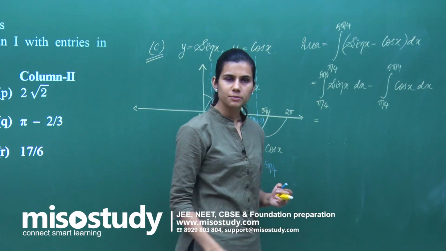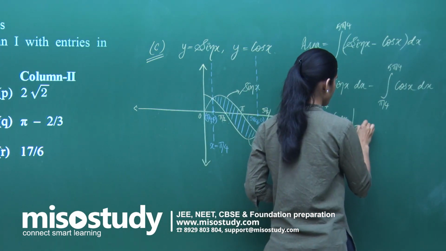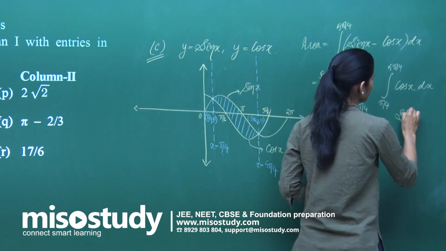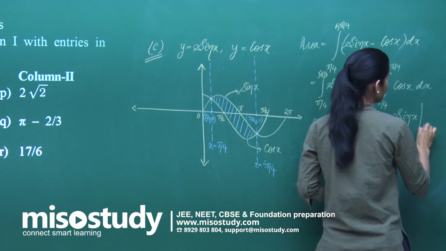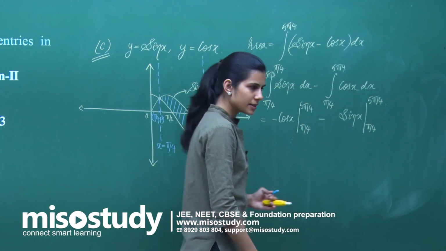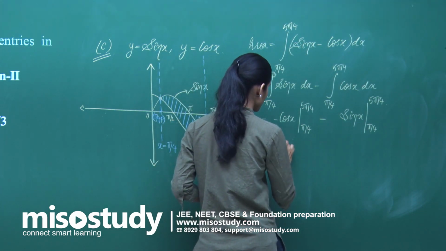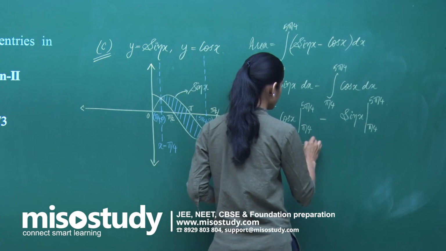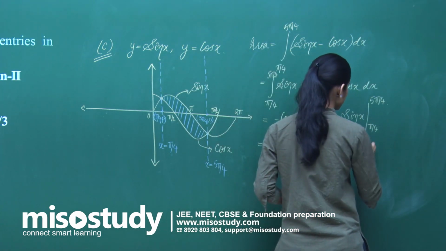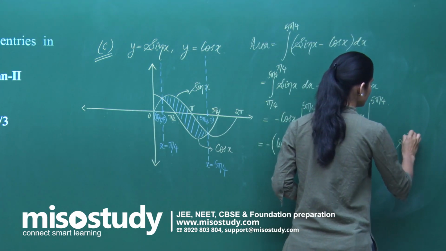Integration of sin x is minus cos x from pi by 4 to 5 pi by 4 and integration of cos x is sin x from pi by 4 to 5 pi by 4. This gives you what? Minus comes out common. Cos of 5 pi by 4 minus cos pi by 4, minus sine of 5 pi by 4 minus sine pi by 4.